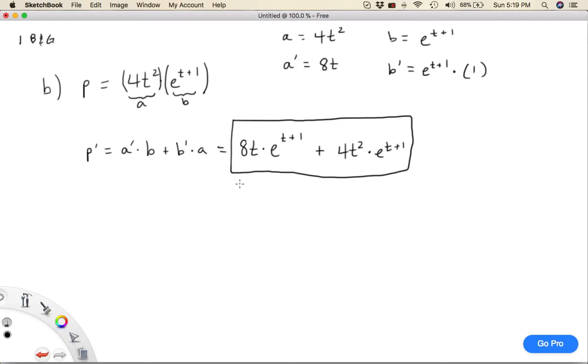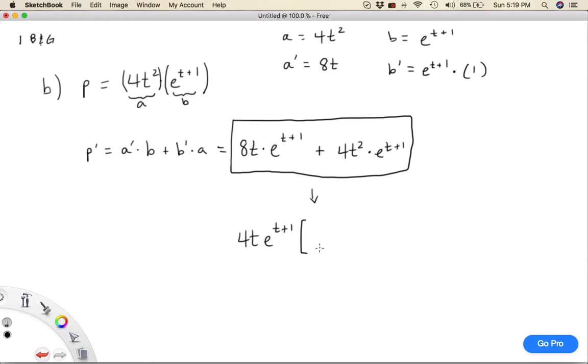You could simplify it. So if you need to simplify it, I'm noticing both terms have a 4t and an e to the t plus 1 in them.